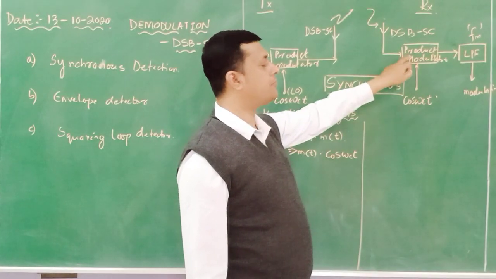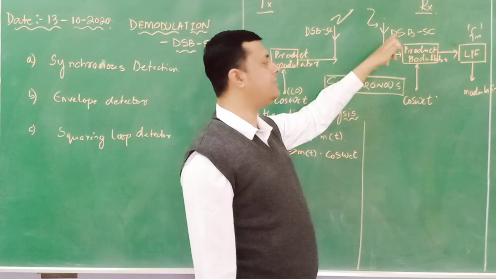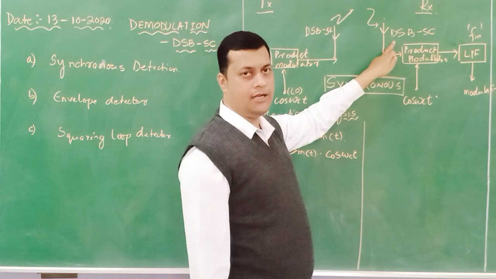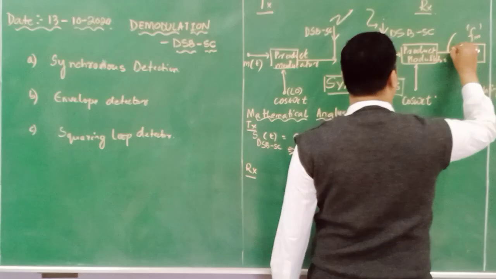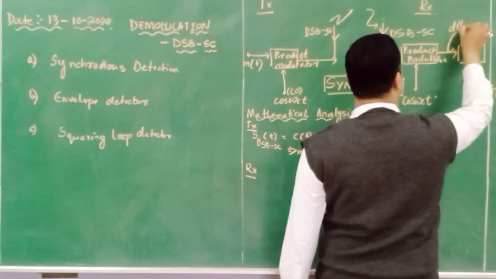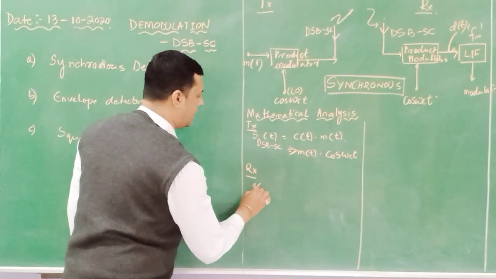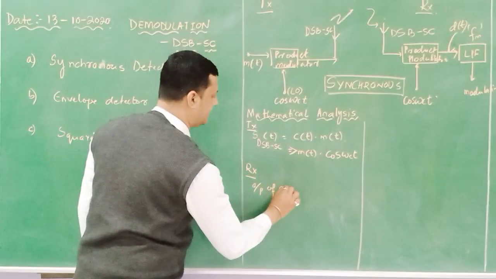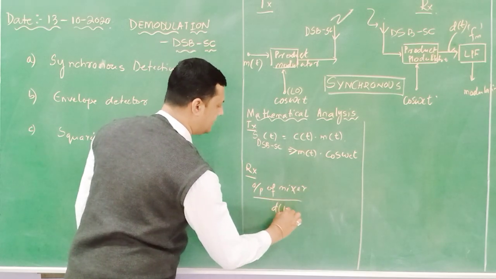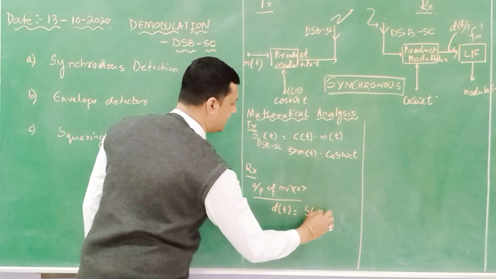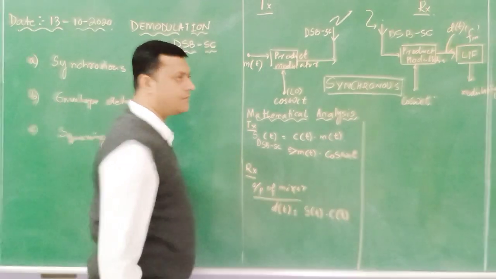This product modulator acts as a mixer, in which cos omega ct is multiplied with the received modulated signal, and then we get some output. Let us consider this is D of t. The output of the mixer, that is D of t, is S of t into C of t.